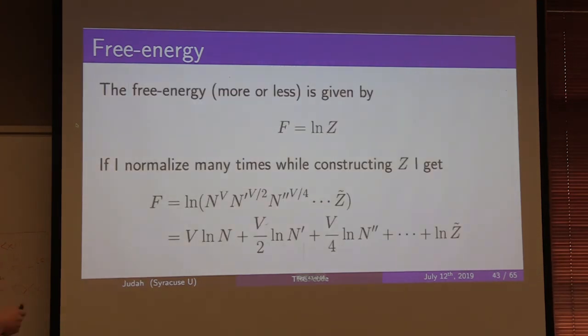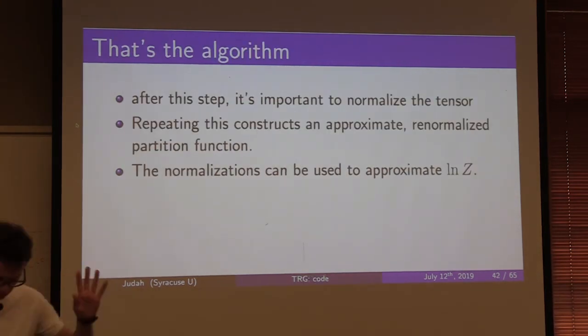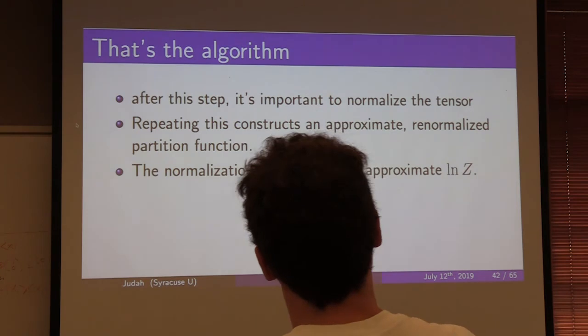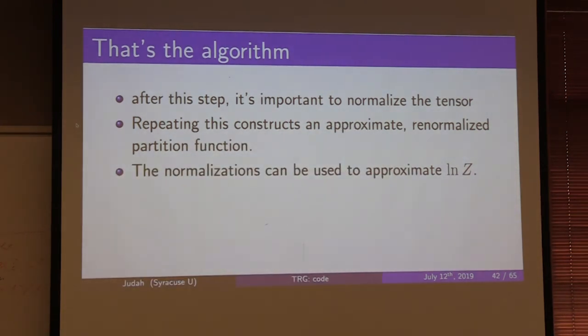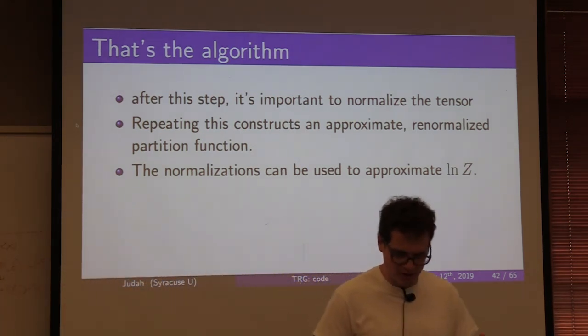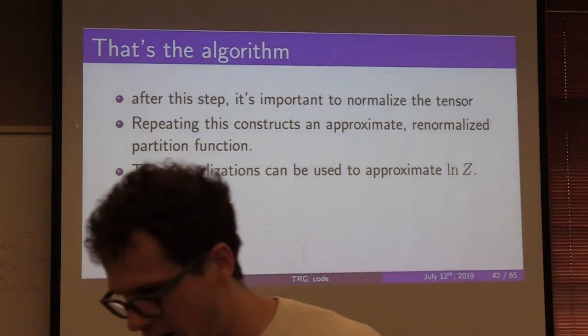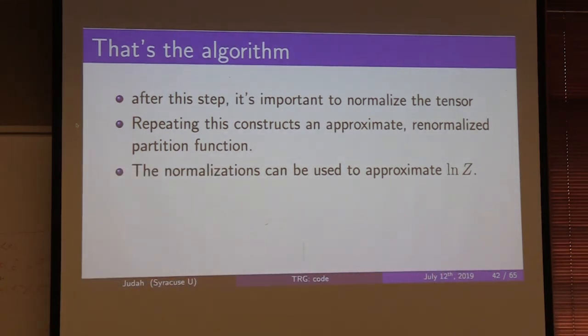Oh, this is actually crucial. Let's go through this. Let's compute the free energy. Okay. Pay attention, please. So let's compute log z. What happens is, after you do these tensor contractions, you're iterating this procedure where you're building these blocks over and over. After each time you construct a block, you need to normalize the block. Otherwise, it gets too large.